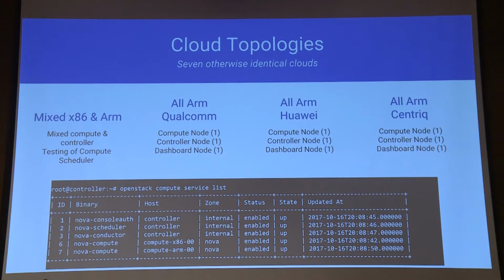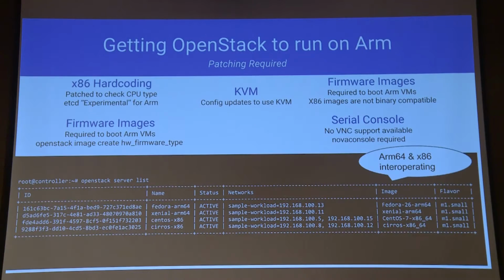So if you start up an ARM-based virtual machine, it needs to run on an ARM-based processor. Same thing with an x86. If you start up a traditional x86 one, you need to have an x86 compute node somewhere on your network. And here are the details on the different clouds that we spun up.